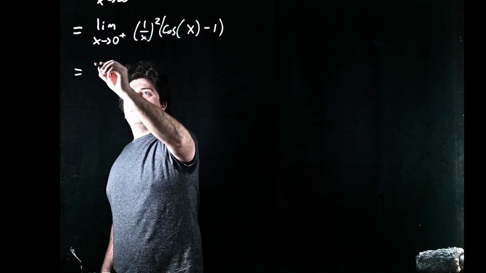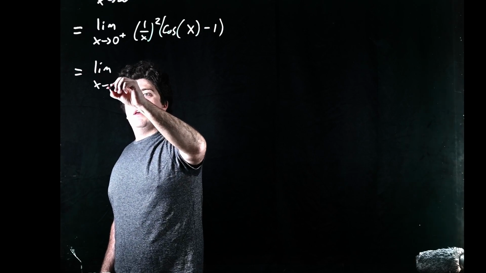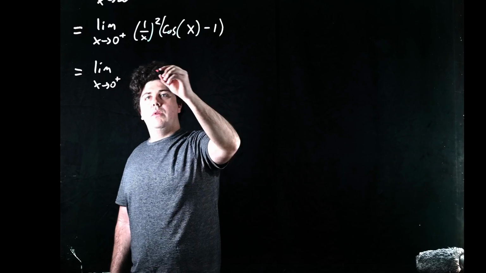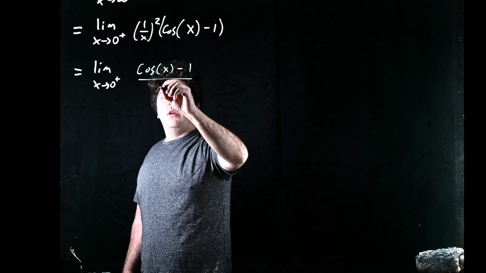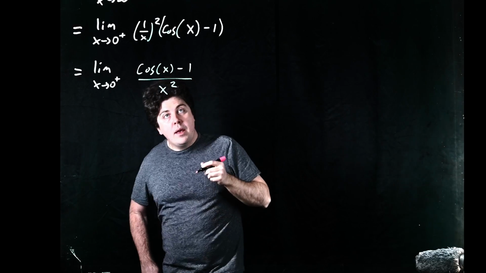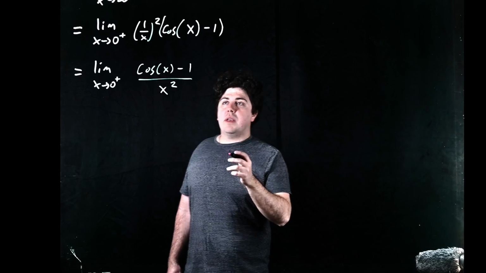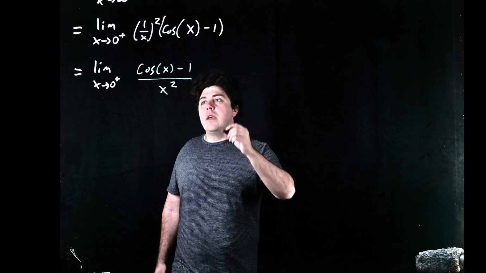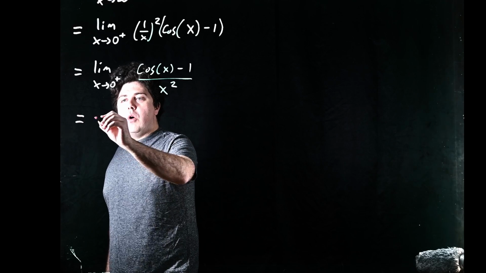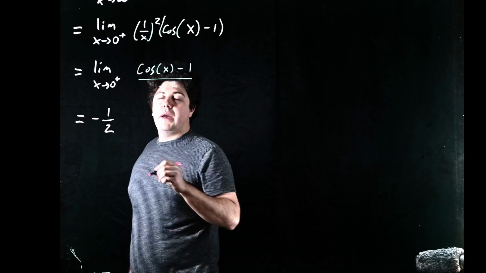But what is this? This is the limit as x goes to 0 of cos x minus 1 all over x squared. Now this is also a complicated limit, but this is one of our special limits that we've talked about before. This is just something that we know to be equal to minus 1/2.